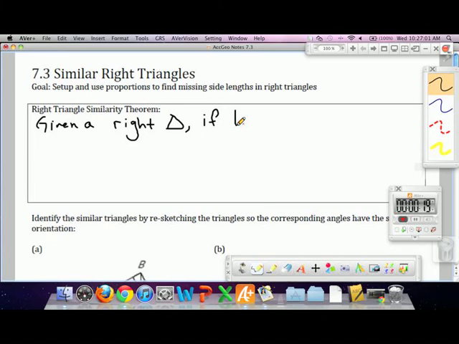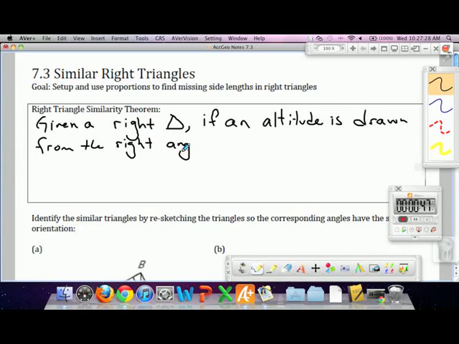If an altitude is drawn from the right angle to the hypotenuse, then the following is true.